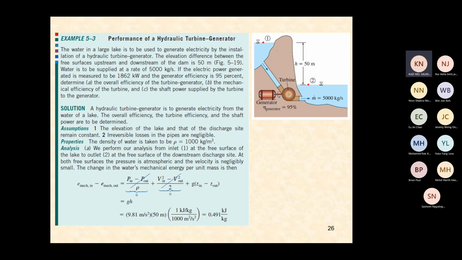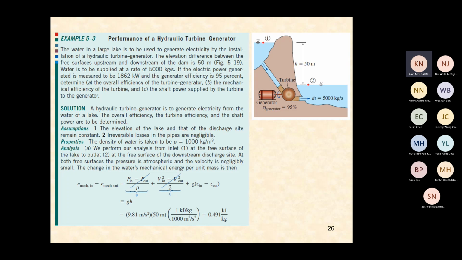0.998 or 997.9, if there is too much cold, then it's coming to 1,000, something like this. So if we do the analysis there, then we can write down that E mechanical in minus E mechanical out is equal to P in minus P out divided by rho.